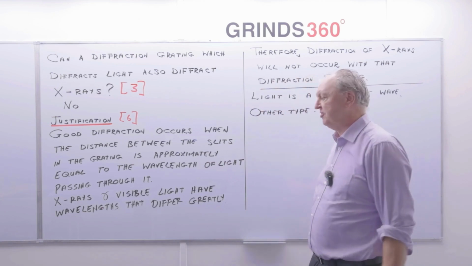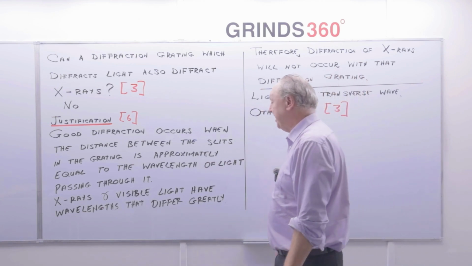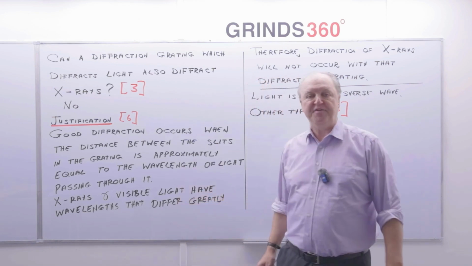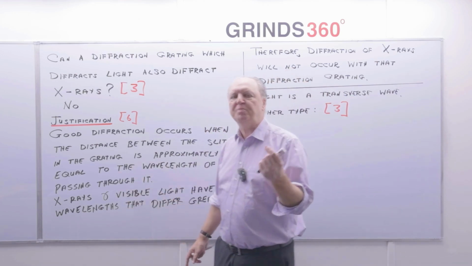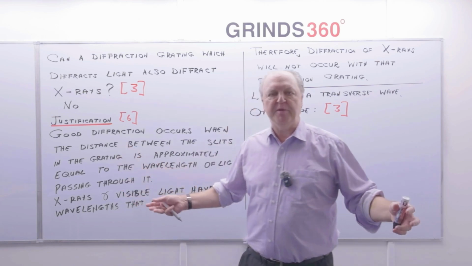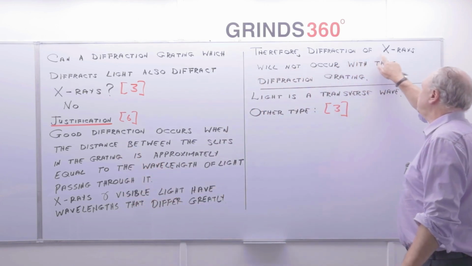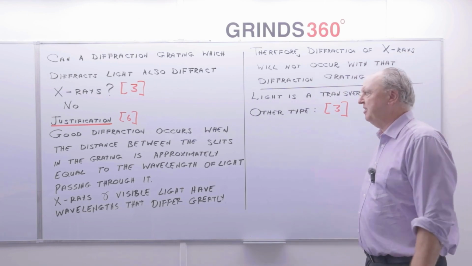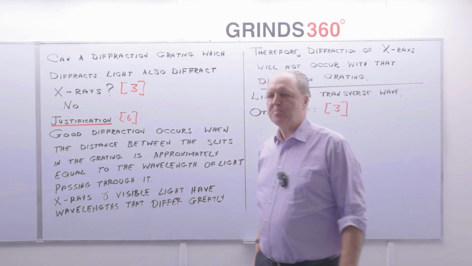My next point is, X-rays and visible light have wavelengths that are vastly different. They differ greatly. The wavelength of X-rays is much, much smaller than visible light. So if the wavelengths are very different and we're using a particular diffraction grating, then the answer is, therefore, diffraction of X-rays will not occur with that particular diffraction grating. So get all of those points in for 6 marks.